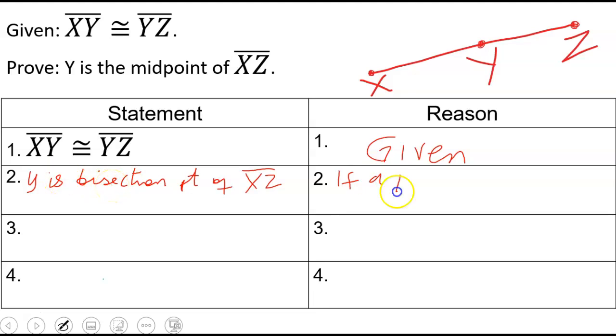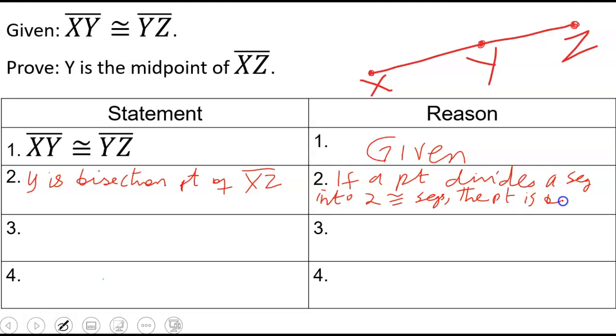So if a point divides a segment into 2 congruent segments, the point is the bisection point of the segment.